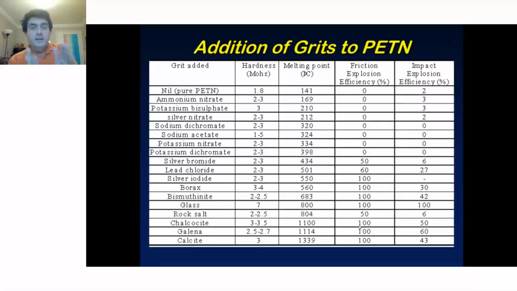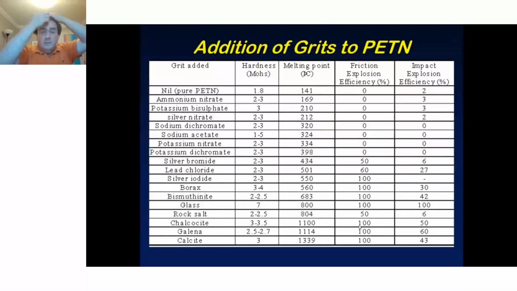Basically, something in that range is where the hotspot mechanism becomes dominant. If you're getting friction temperatures of the order of 330, 320, a couple of 100 degrees centigrade, then you will not get a very efficient system, and you will not get extended reaction.